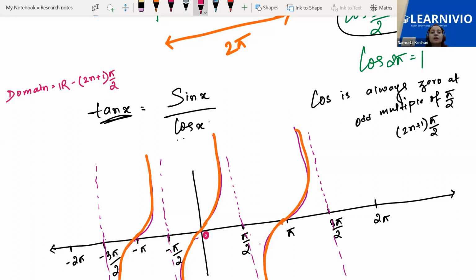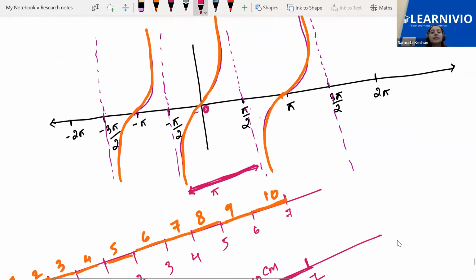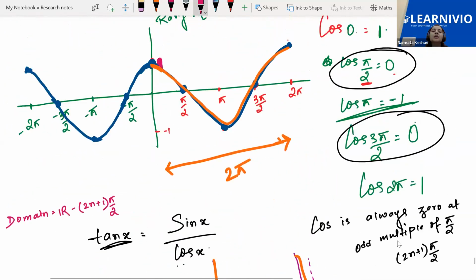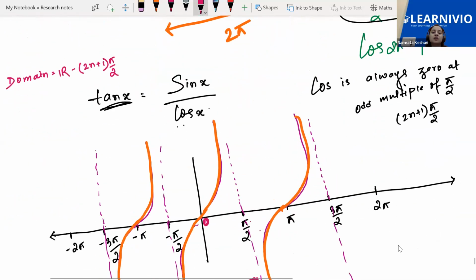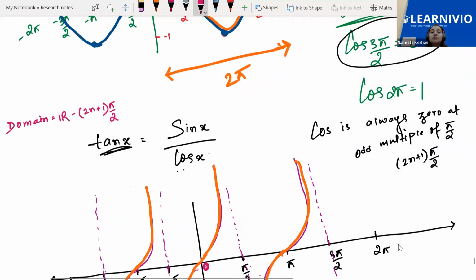So, ma'am, what is the domain? The range: we can see that on the y-axis it is going till minus infinity in the downward direction and till infinity in the upward direction.